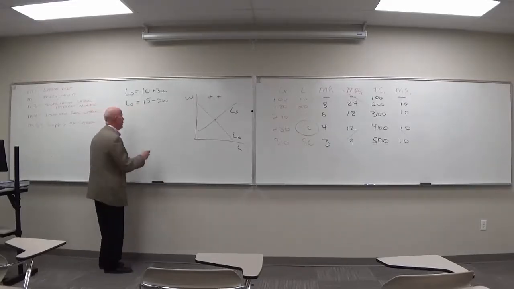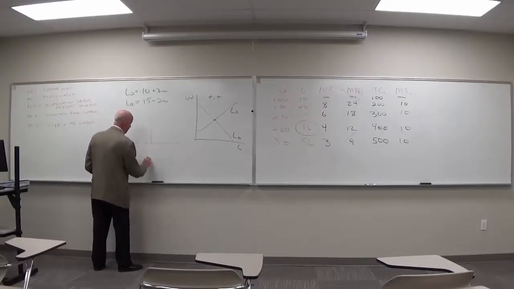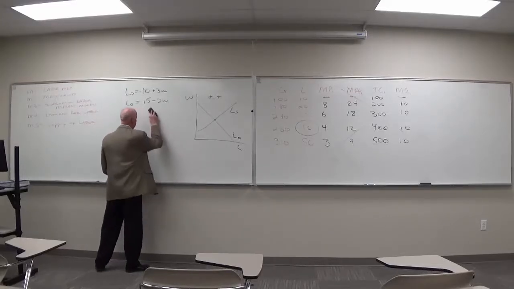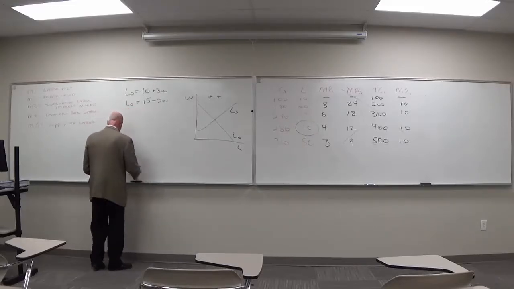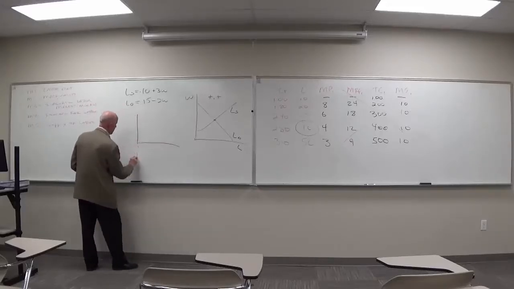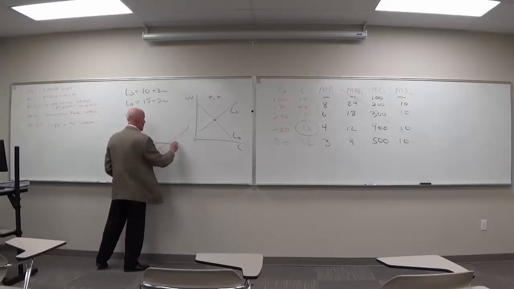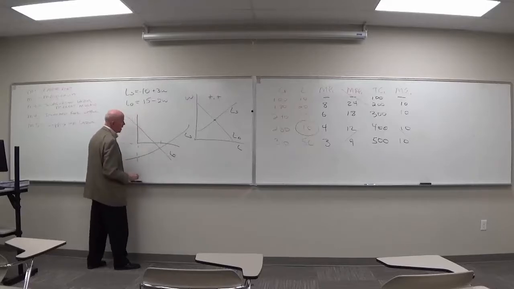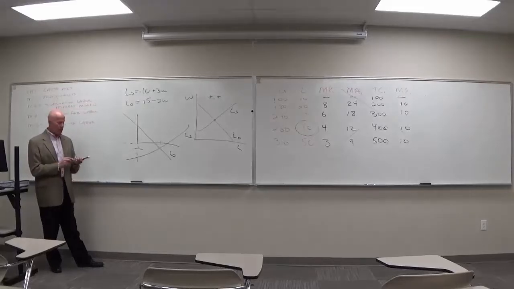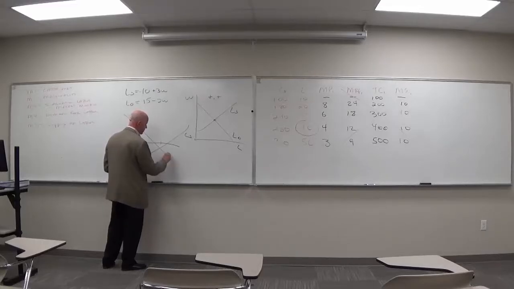I would think that if I showed you a labor demand, let me redo this. If I showed you something where we had labor demand coming through like this and labor supply coming up like this, such that at some positive number of labor, we had a negative wage, I would like you to try to describe to me what you think this might represent.